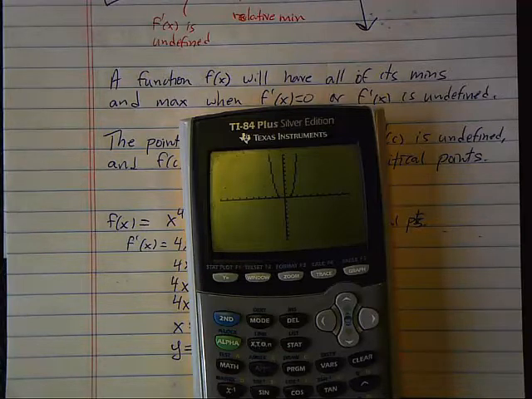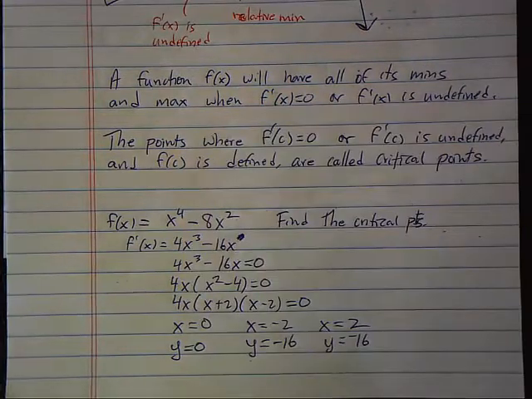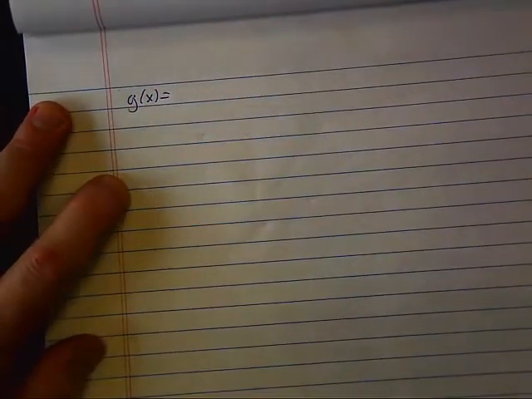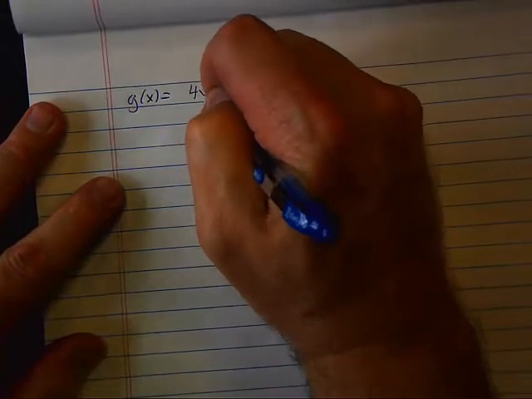All right, let's try another one here. Oh, let's see. There's got to be a harder one. Oh, there's a harder one. Yay! g of x is 4x over x squared plus 1. Why is that one harder?